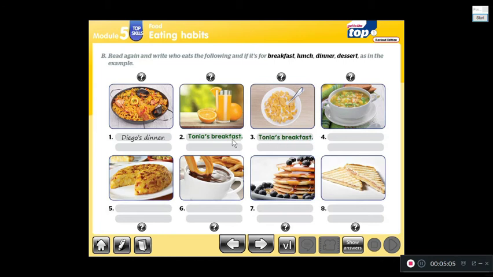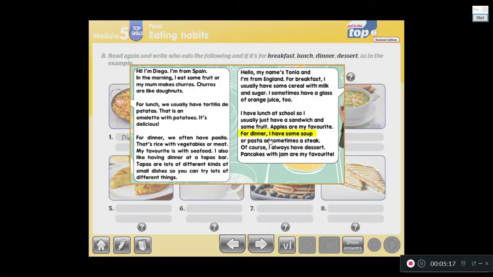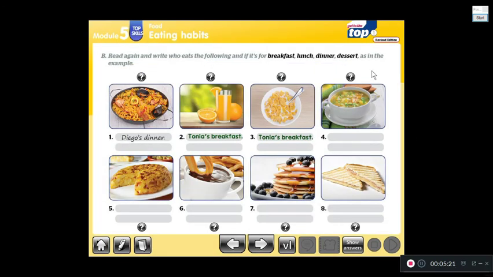Good job. For number 4, we have here soup in this case. So who mentions, in this case, for dinner I have some soup? So we'll continue talking about Tonia. This is gonna be Tonia's dinner, right? Now the next one.